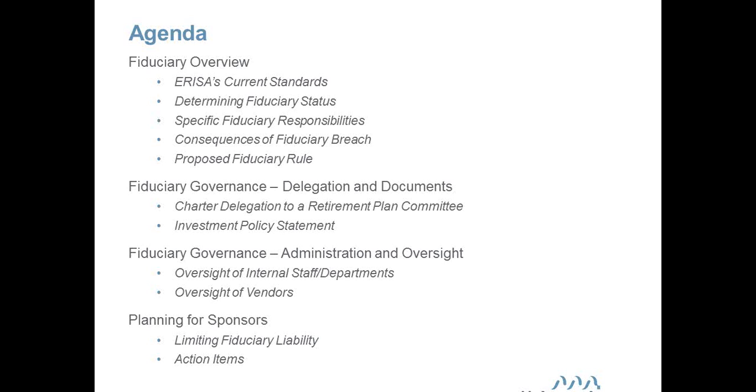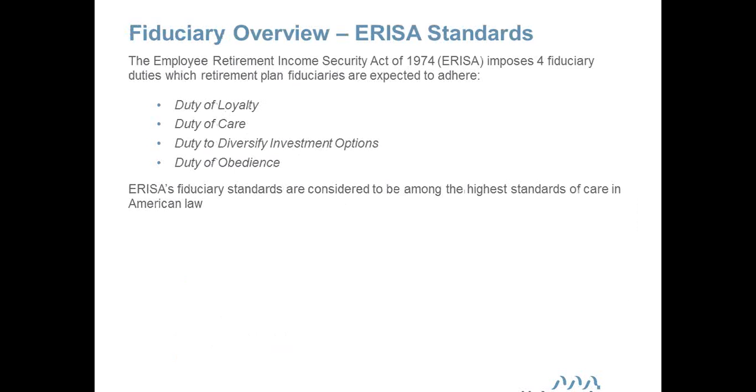You can see it on the slide here. And then we're also going to talk a little bit about governance documents that you might want to consider, the administration and oversight of your governance program, and things you can do for planning your program.